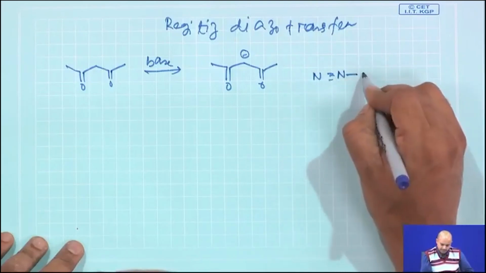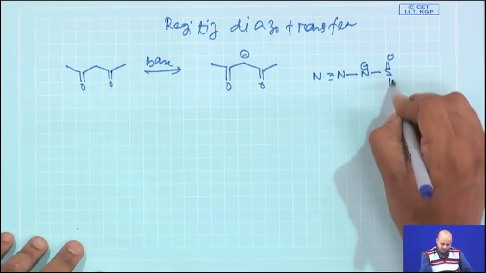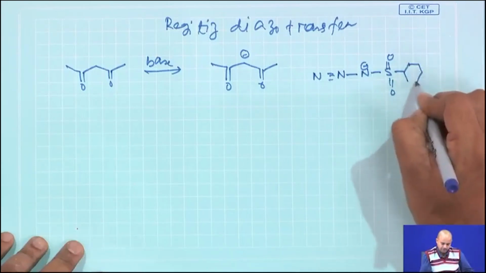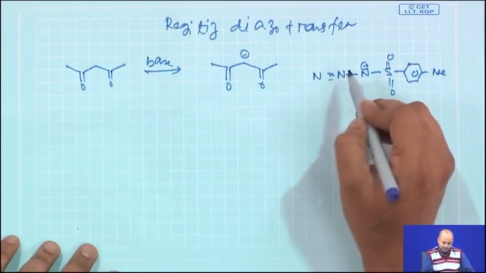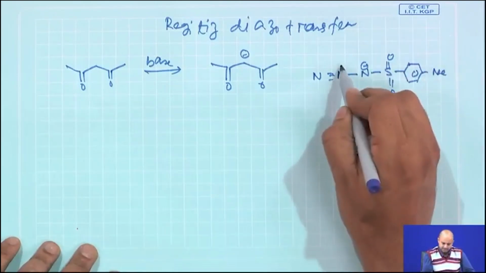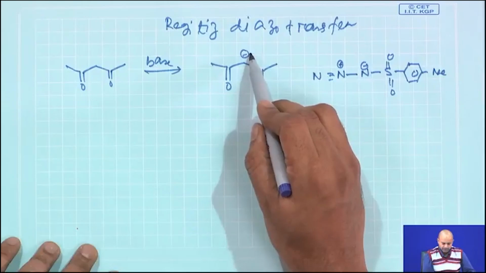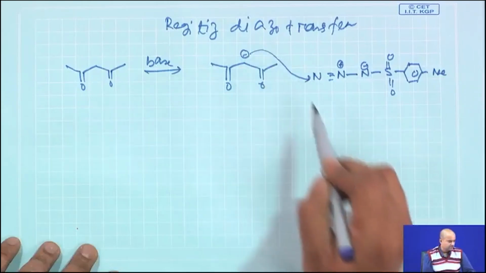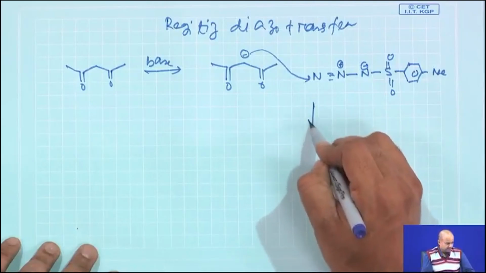The tosyl azide structure is basically a tosyl group attached with this azide functionality, and its azide resonance structure you can write in a different way. So, this negative charge attacks this terminal nitrogen, and then what will you get?